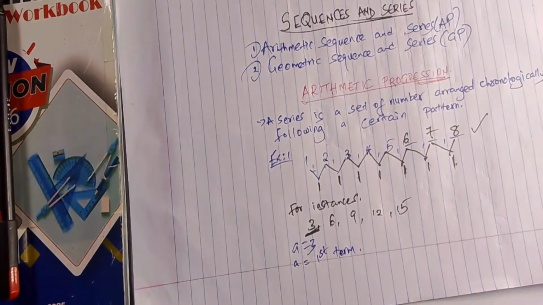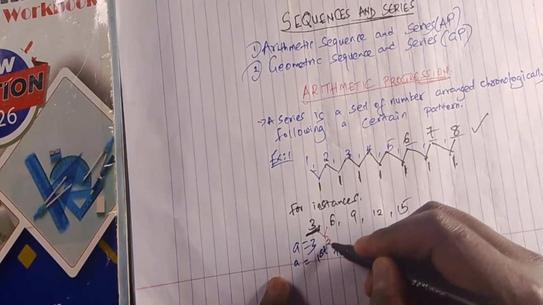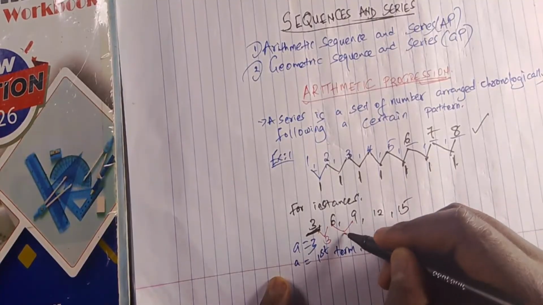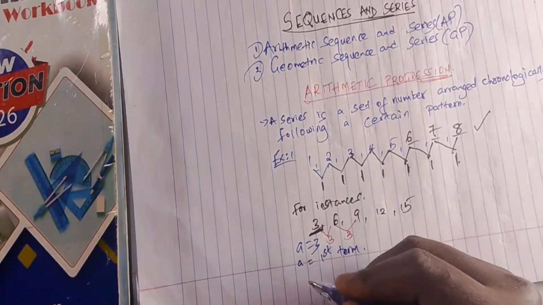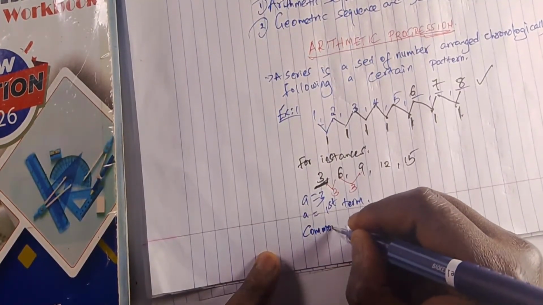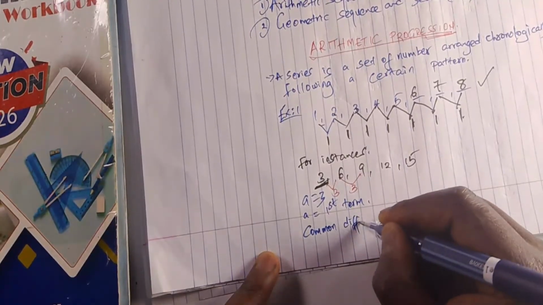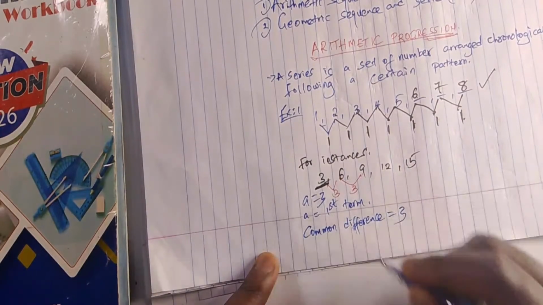Then, for us to get a common difference, we say 6 minus 3 is equal to 3, 9 minus 6 is equal to 3. So the common difference is equal to 3.